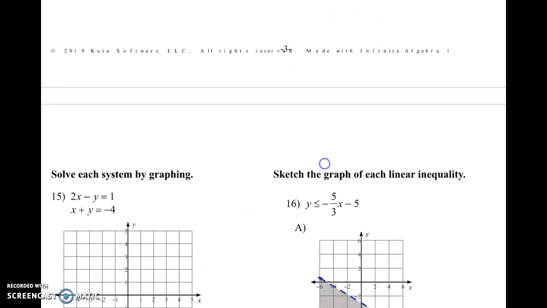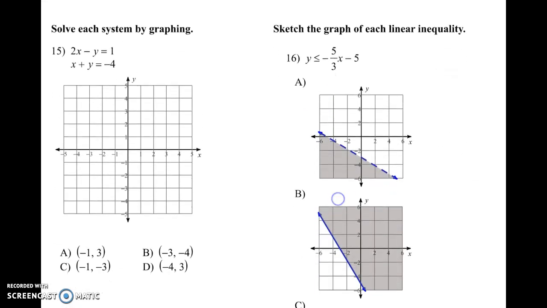Alright, on to number 15. Solve each system by graphing. So for line 1, let's write this in y equals mx plus b form. I'm going to subtract 2x to both sides, and I get negative y equals negative 2x plus 1. Divide by a negative, and I get y equals 2x minus 1.